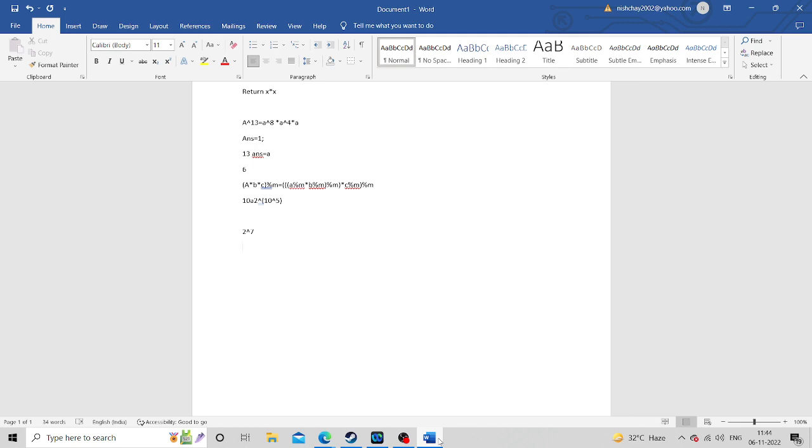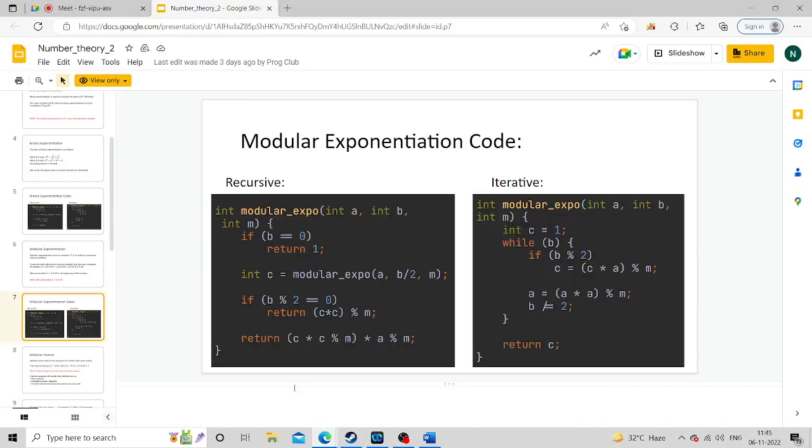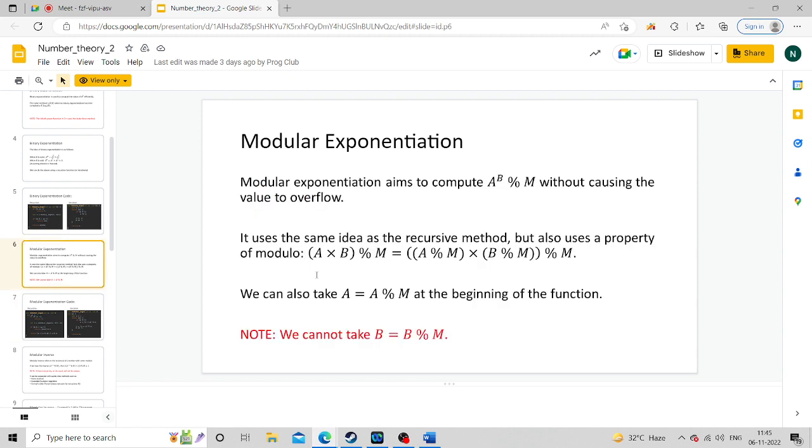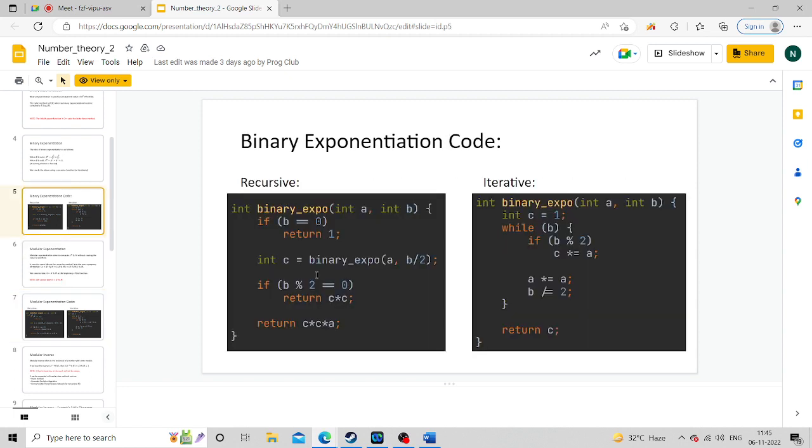See, did you understand binary exponentiation or not? You tell me first. So modular exponentiation is exactly the same. The only thing you need to do is just take a remainder of it. Nothing else. You see the code over here, the modular exponentiation code and the binary exponentiation code.